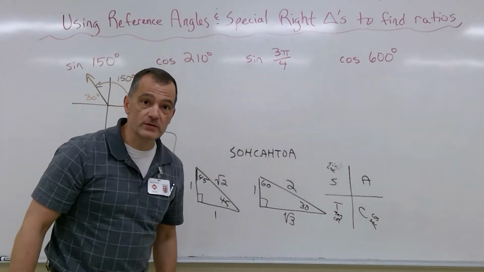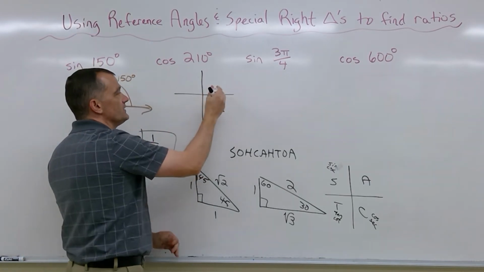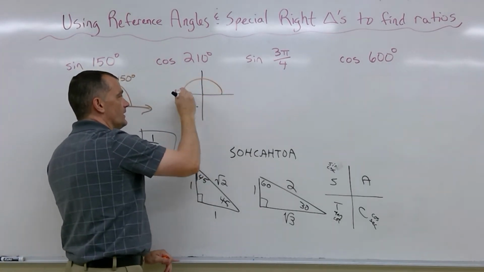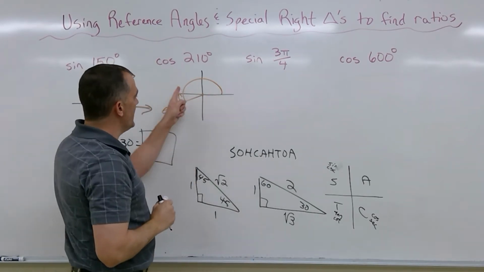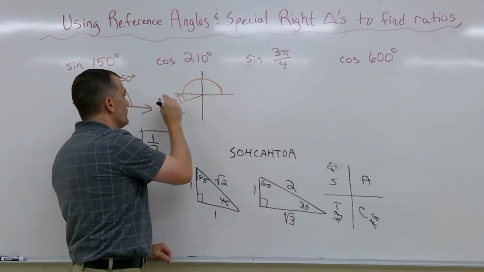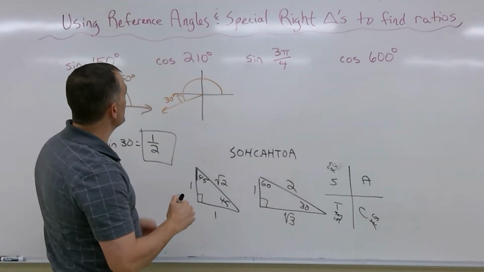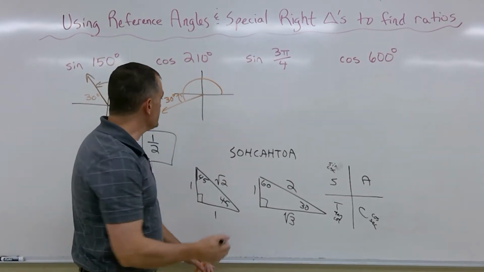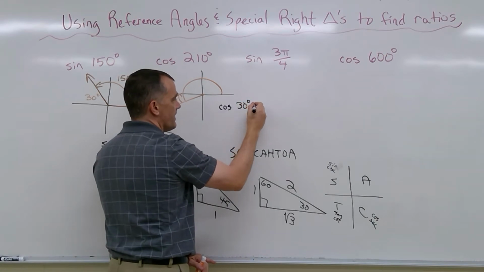Let's do cosine of 210 real quick. So cosine of 210 degrees goes all the way around just like that. To get back to the x-axis, that was 180, we went 30 more. So 30 degrees is my reference angle. So the cosine of 210 is going to be the same thing for us as finding the cosine of 30 degrees.